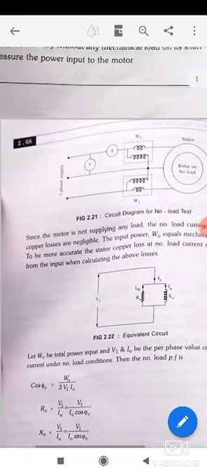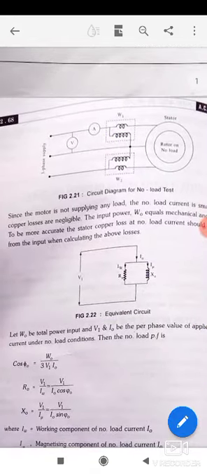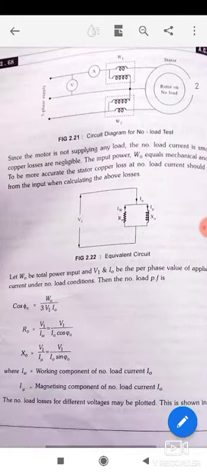Now from this data, what will we find? We will find the equivalent circuit components like R0 and X0, and also the magnetizing current I mu and working component IW from the no load current I0. How will you get the formula?